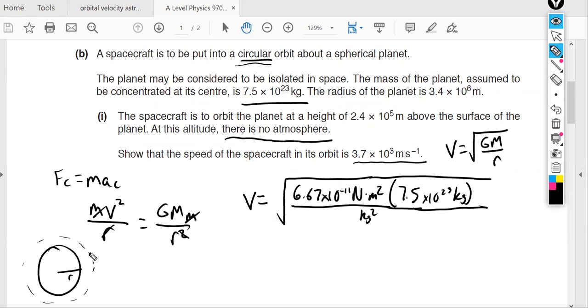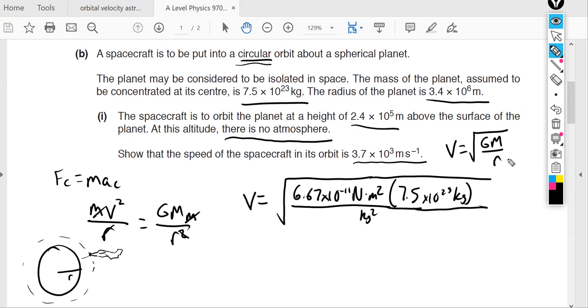I'll draw my best spaceship here. I'll make it look like an airplane, kind of futuristic. All right, here's my spaceship. So it's a certain distance also. We basically need to add the radius of the planet to the height, and you can see that the height is a whole order of magnitude less than the radius. So it's basically just the radius, but let's be complete here.